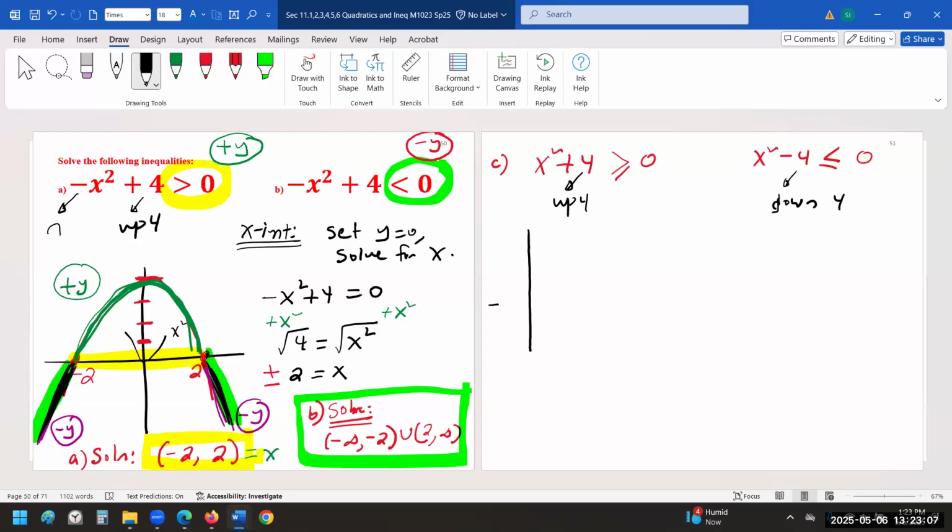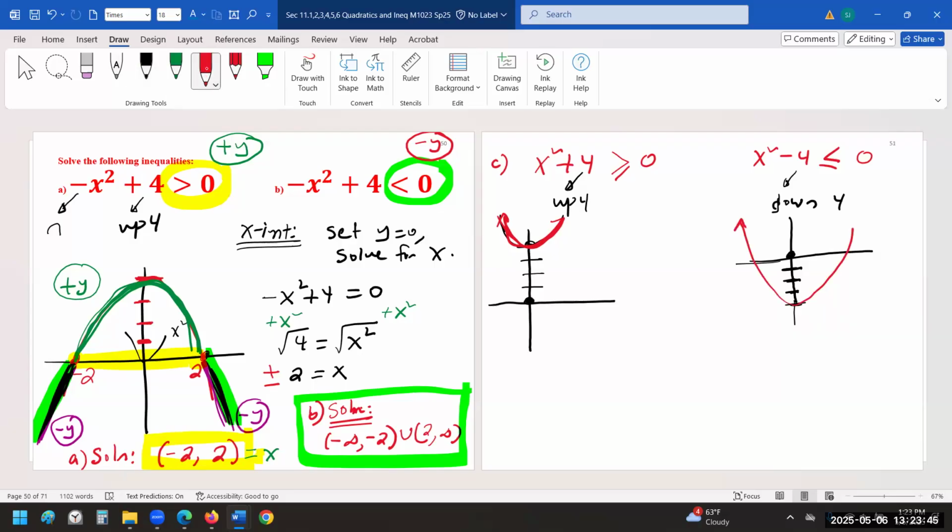So we have our original x squared, we are moving 1, 2, 3, 4 up here. And for this one, the original, we are moving 1, 2, 3, 4 down, and we are drawing the graph.